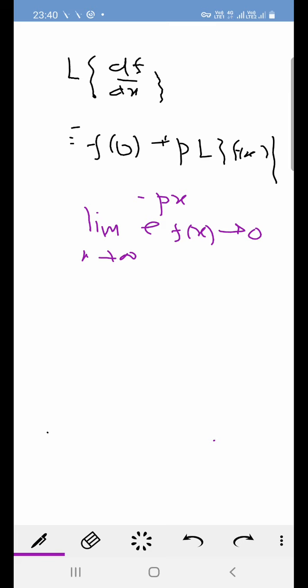Now this is the necessary condition for the Laplace transform of f(x) to exist.